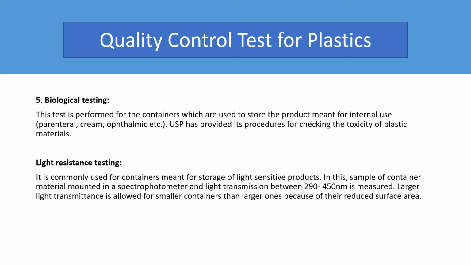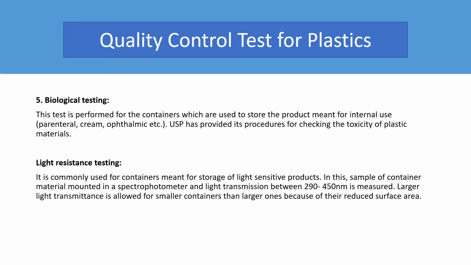Then another is the light resistance testing. As the name indicates, it is meant for containers used for the storage of light sensitive products. Some products have to be protected from light, so they are known as light sensitive products. For this, samples of the container material are mounted in a spectrophotometer, and light transmission between 290 and 450 nanometers is measured.